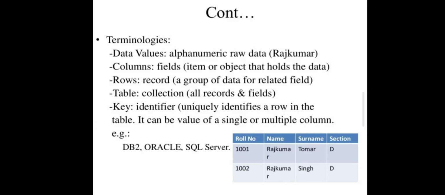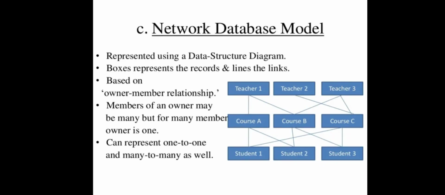Next one is the network database model. It represents the data in a data structure diagram. These boxes represent the records, and these lines are the links. The links are based on the owner-member relationship. Members of an owner may be many, but for many members, the owner is one. It can represent one to one, one to many, many to one, many to many as well.